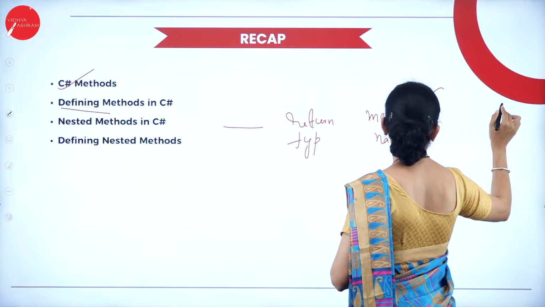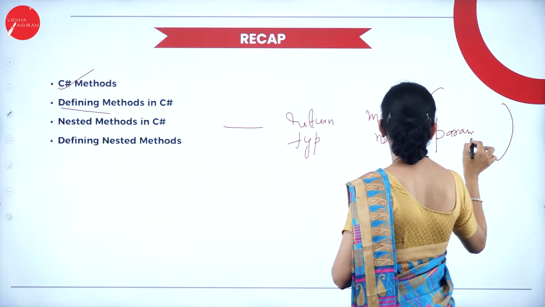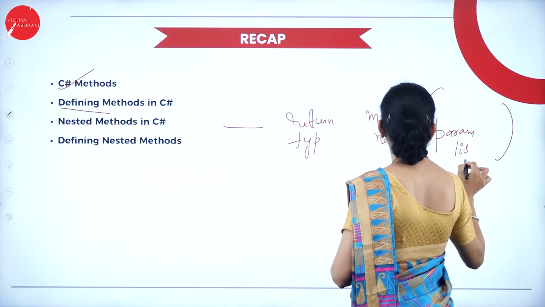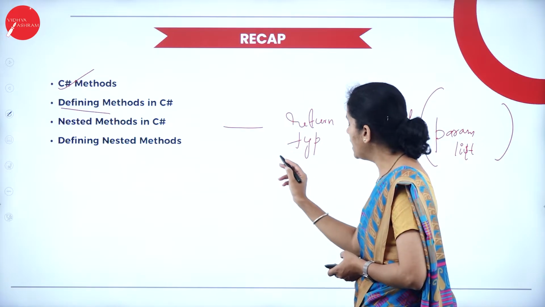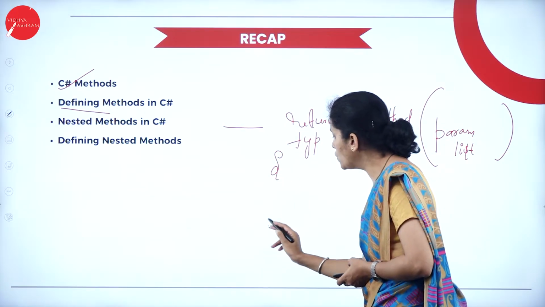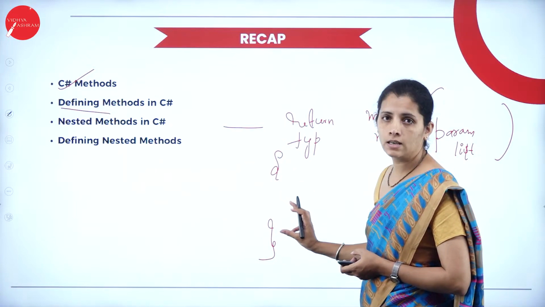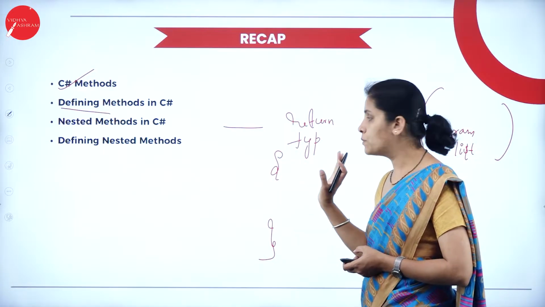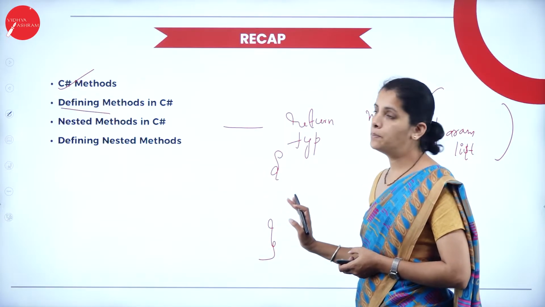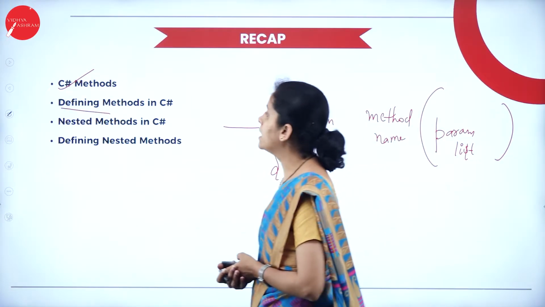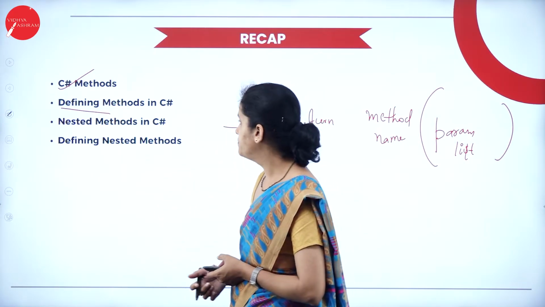And I have the parameter list, and I write all the parameters inside the brace. Then I group all the statements within the curly braces. This is the way I can define a method in C#.